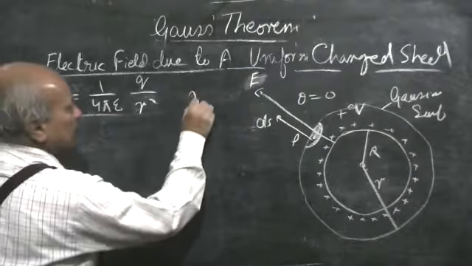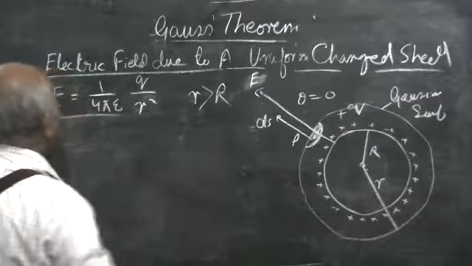In this case, small r is greater than R.